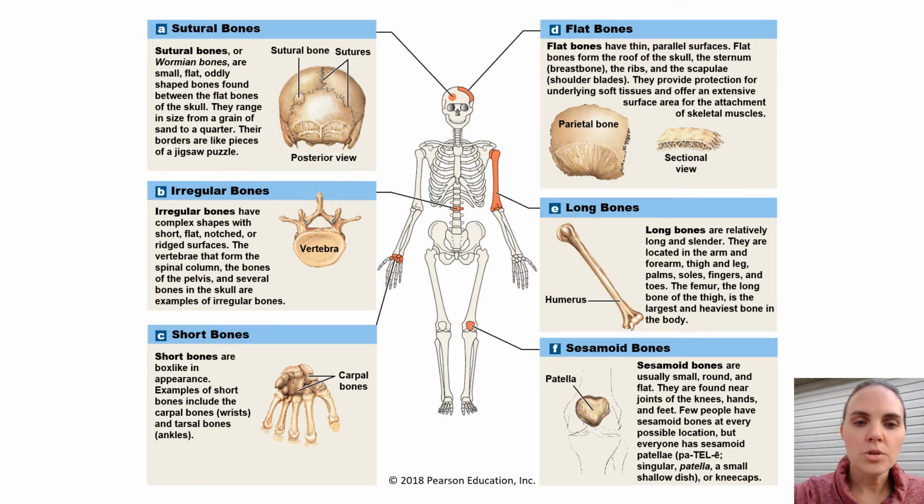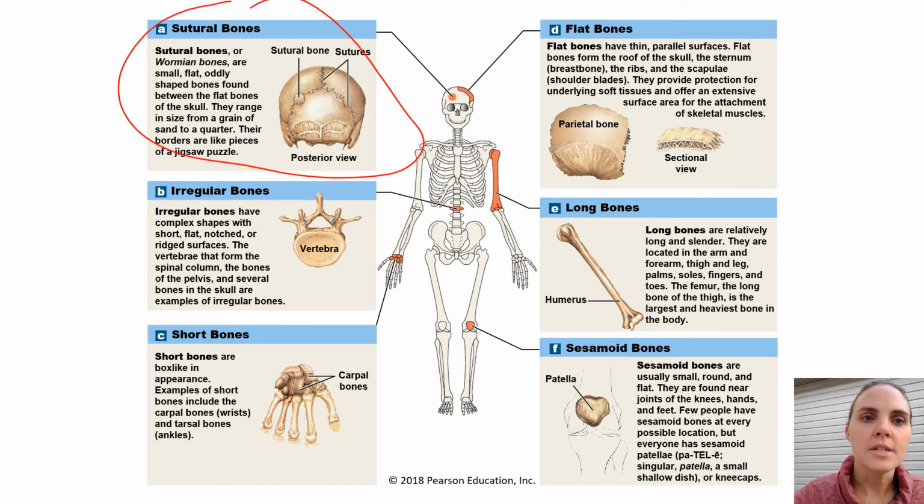So our sutural bones, also known as wormian bones, these are small, flat, oddly shaped bones, kind of like little puzzle pieces. And we find these in between the flat bones of the skull, which are the larger bones of the skull. And they're little. They can be as small as a grain of sand, sometimes as big as a quarter. And the borders are irregular, like a puzzle piece.